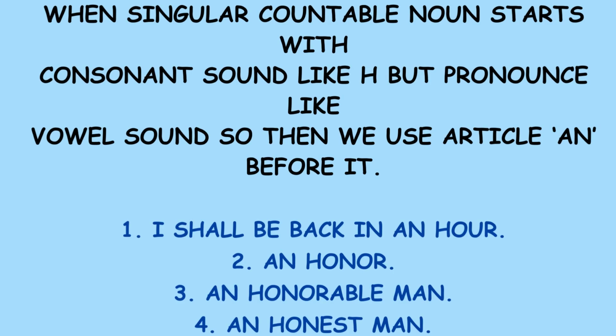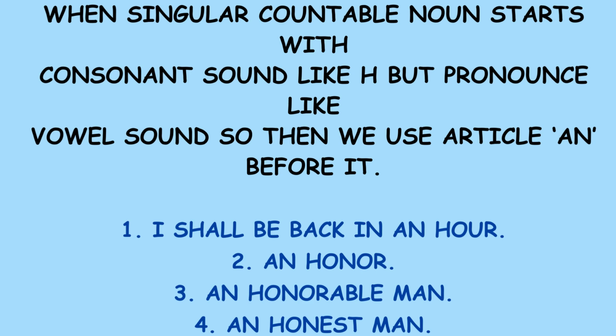And the next rule is when a singular countable noun starts with a consonant sound like H, but it is pronounced like a vowel sound. So at that time we use article an before it. For example, I shall be back in an hour. H-O-U-R.